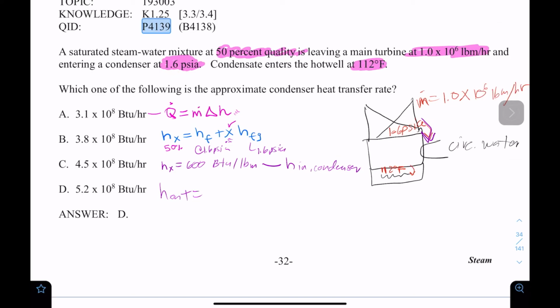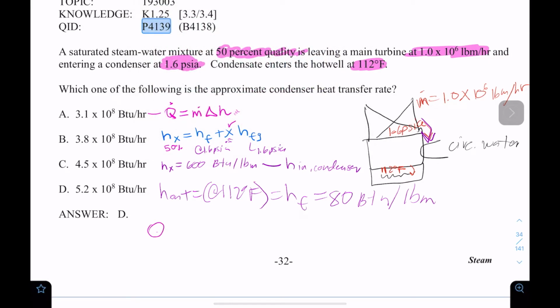So for h_out, we know that what enters the condensate hot well is what's exiting the condenser, right? So that's going to be our h_out. So we have to take a look at the steam table at 112 Fahrenheit, and we're going to use the one that is for water, for fluid. So that's going to be around 80 BTU per pound mass.